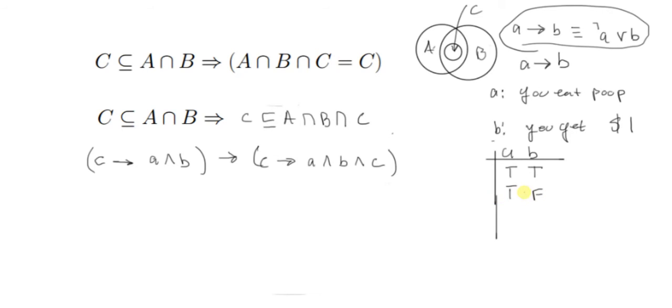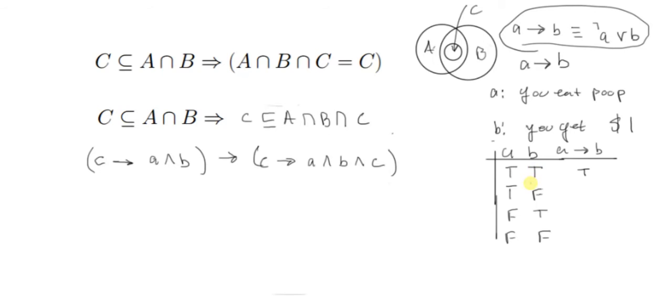For this one, we see here that I'm a liar. I didn't hold up my end of the deal. You don't, and you get the $1 anyway. You don't, and you don't get the $1. So you can see here, if it's true and true, then the implication is true, right?